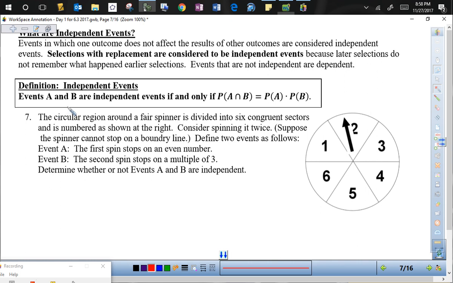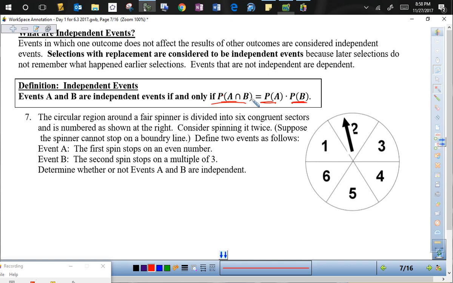Events A and B are considered independent if and only if the probability of A intersect B is equal to the probability of A times the probability of B. So what we have to do here is find the probability of each of the separate events, then find the probability of their intersection, or where they both happen, and see if those match up. If they match up, they're independent and they do not relate to one another. One does not affect the other. However, if they do not match up, there's some sort of tie between your two events.